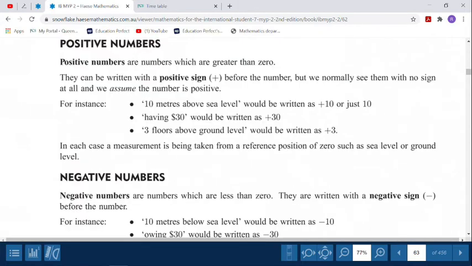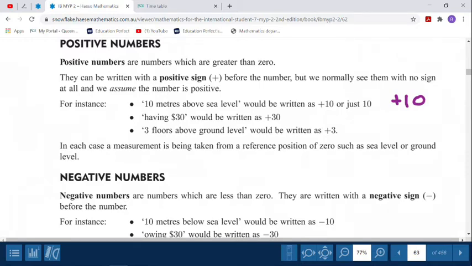Okay? Now, positive numbers are any number that's greater than 0. Remember the number line we just saw? They can be written with a plus in front of them. But most of the time, we just assume that the plus is there. So if I just write a 10, I just assume that that's positive 10.